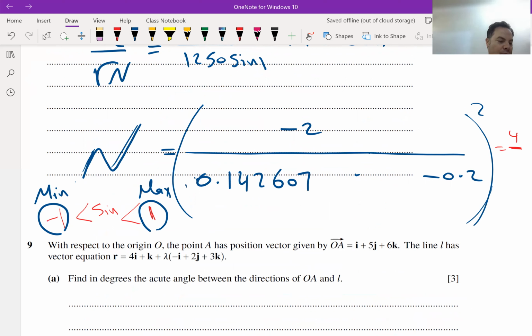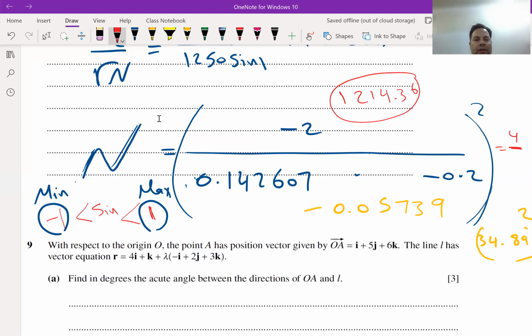Minus 0.2, so the answer for this part is negative 0.05739. Fraction minus 2 divided by the denominator is equal to 34.84. Square it. So the final answer will be 1214.36. This is the maximum value we can reach. Thank you.